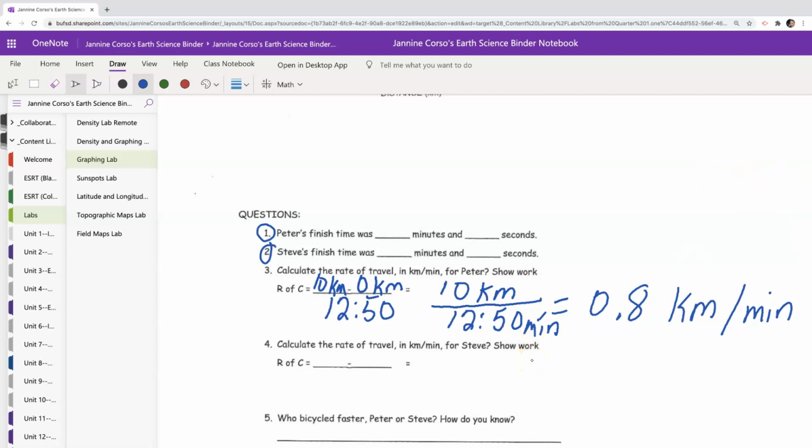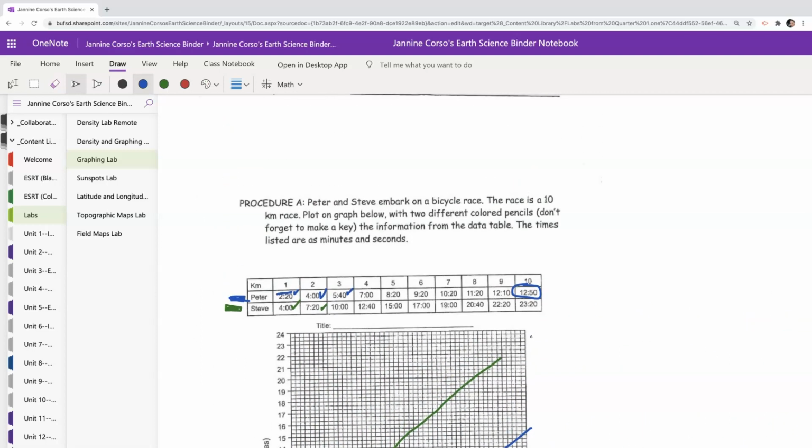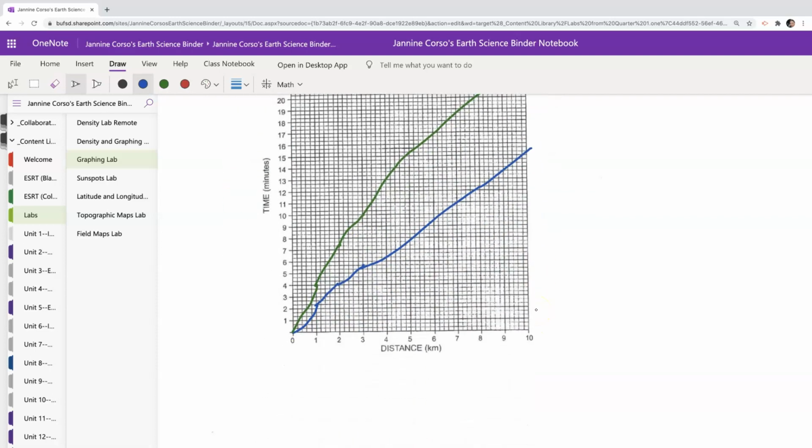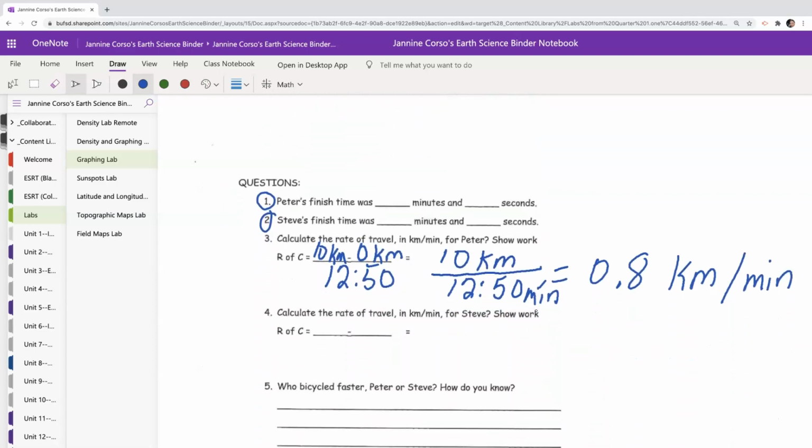Now you're going to do the exact same thing for Steve. If I look up for Steve, Steve took 23 minutes and 20 seconds to ride 10 kilometers. So again, the time always goes on the bottom. It's going to be 23 minutes and 20 seconds, and he did a total of 10 kilometers. 10 minus 0 equals 10.